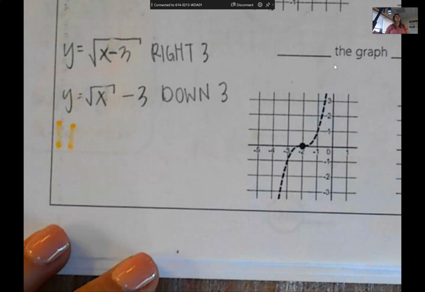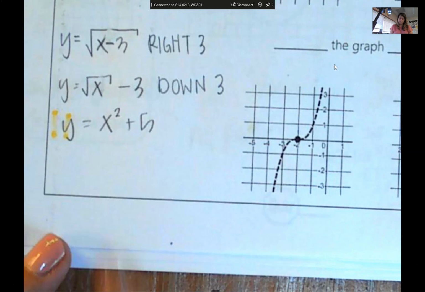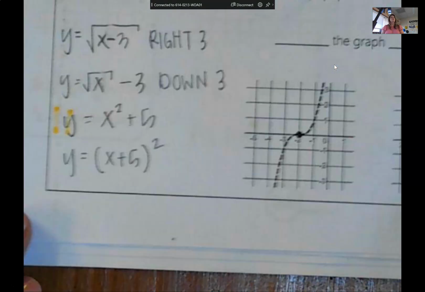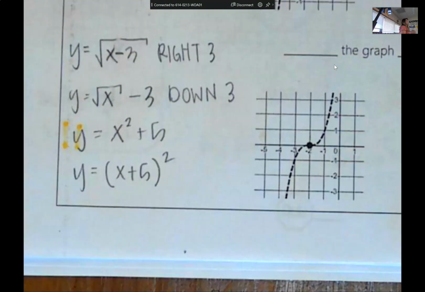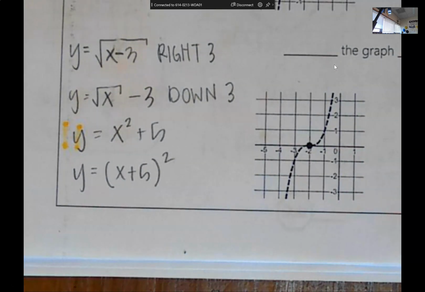So let me give you another example of one being trapped and one not being trapped. Y equals x squared plus 5, and y equals x plus 5 squared. On one of these, the 5 is trapped in with the x.